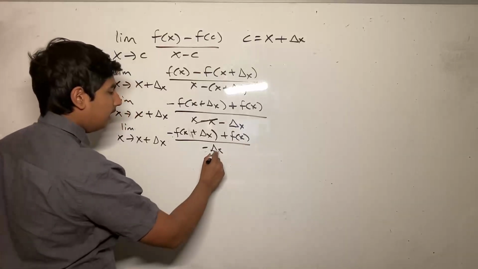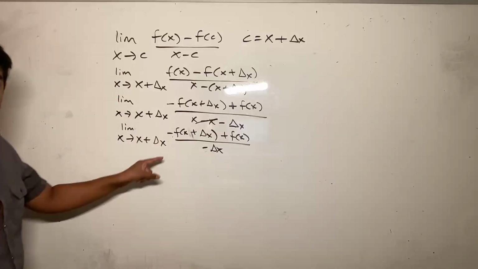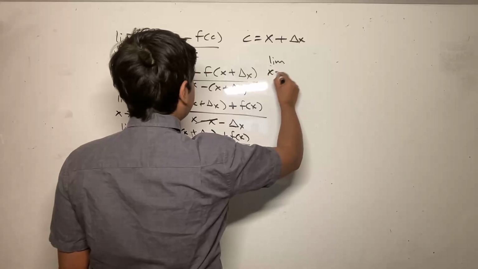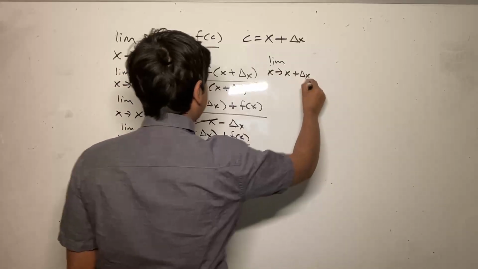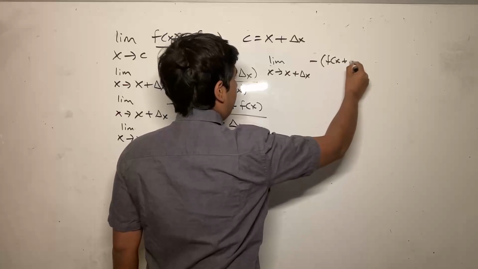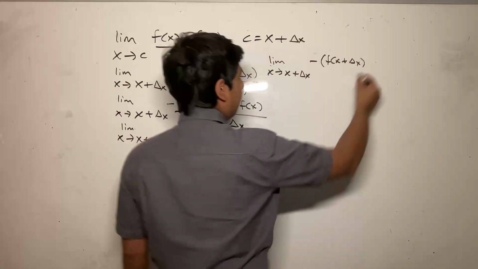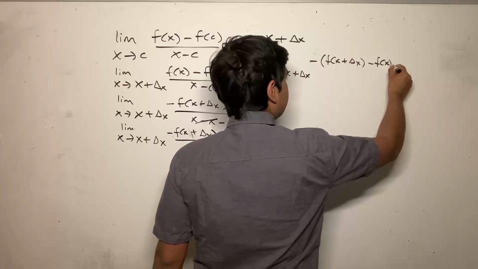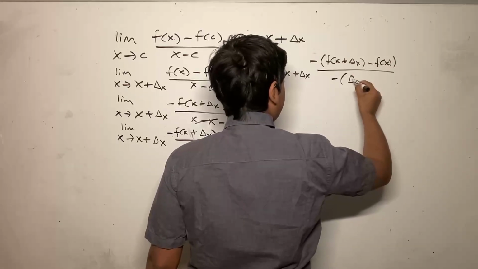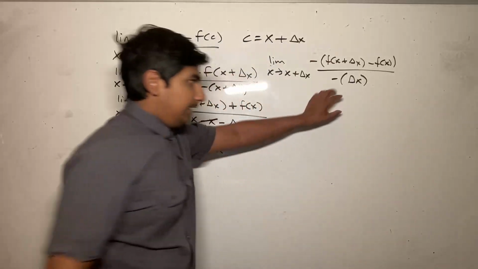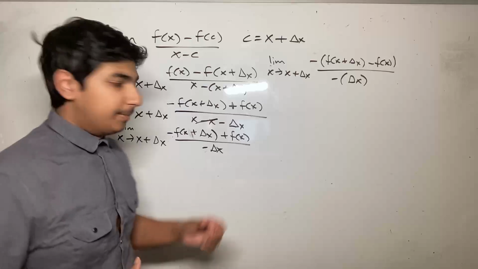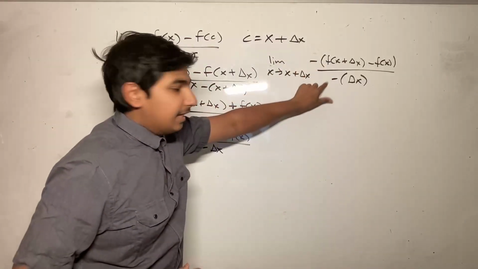And so now I'm going to factor in a negative here, and I'm going to rewrite this as the limit as x approaches x plus delta x of negative, f of x plus delta x minus f of x, all over negative, and I'm just going to put a set of parentheses in front of the delta x, because then you can see easily that the negatives will cancel.